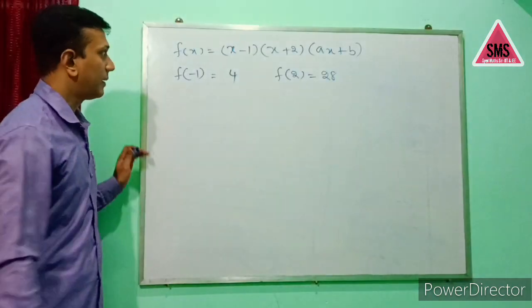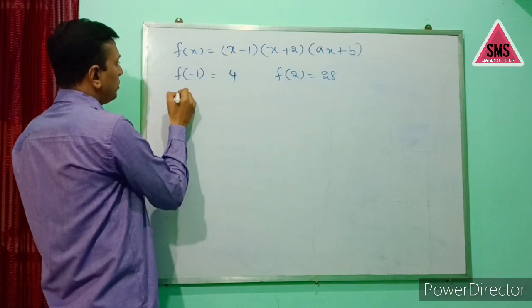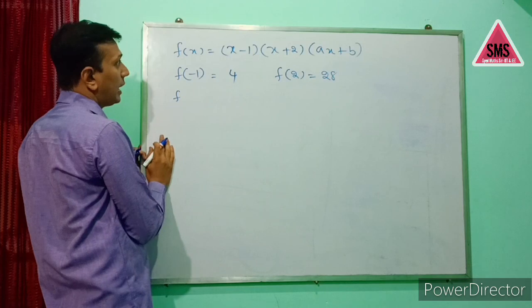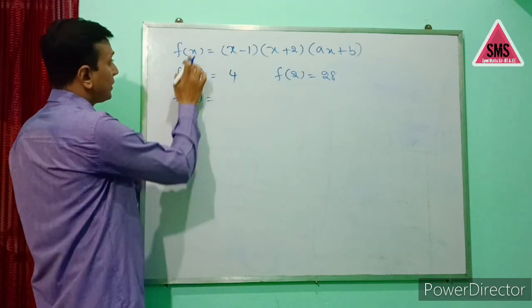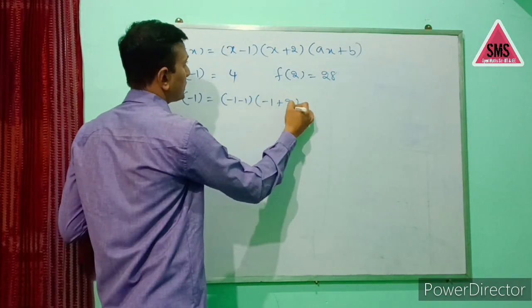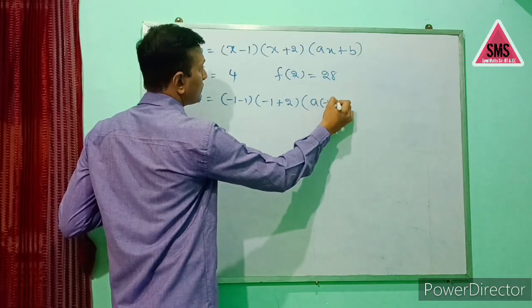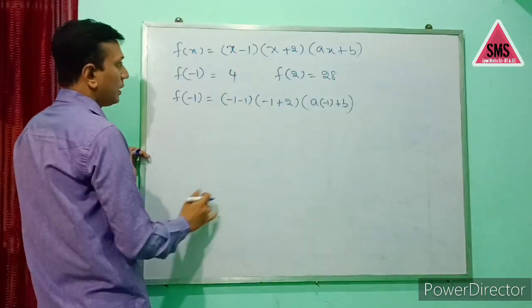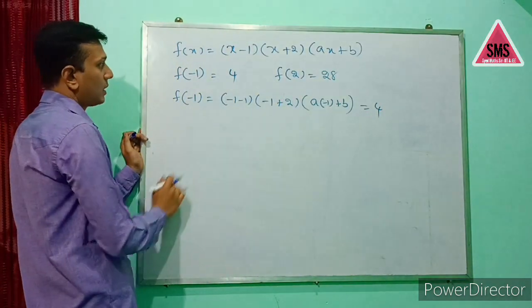This is the condition they have given. Now, based on this, let us substitute the x value in the assumed expression. x equals minus 1: minus 1 minus 1, minus 1 plus 2, a into minus 1 plus b. Its value is going to be 4 because f of minus 1 equals 4.